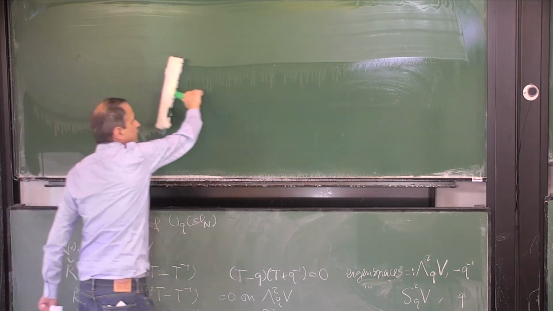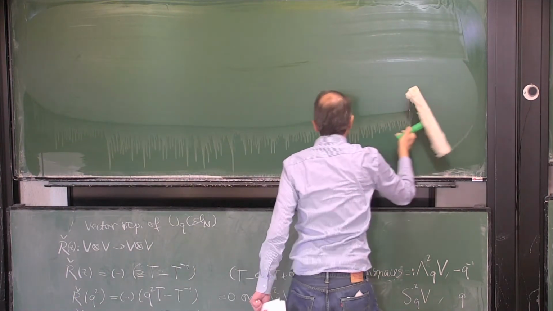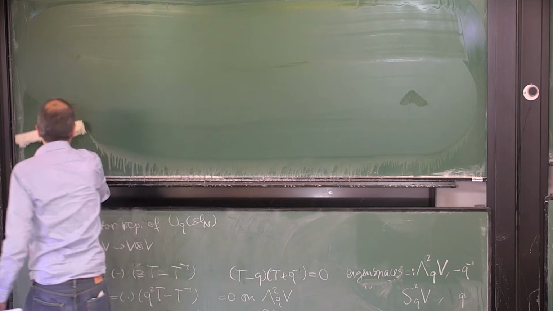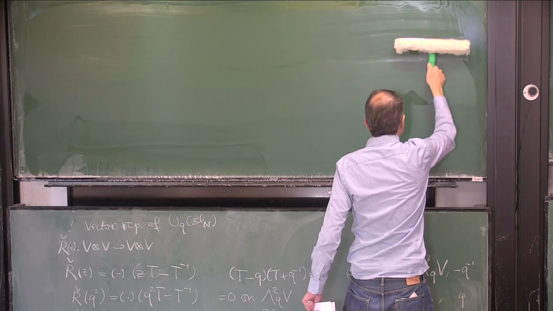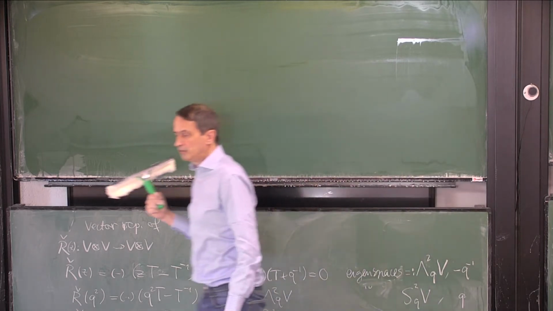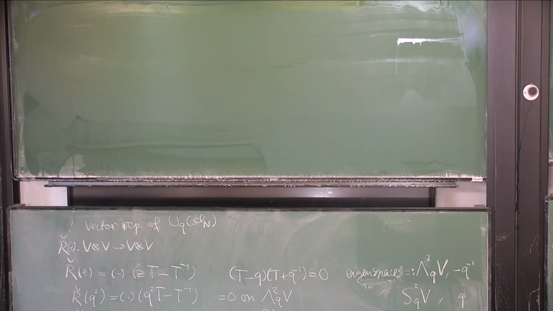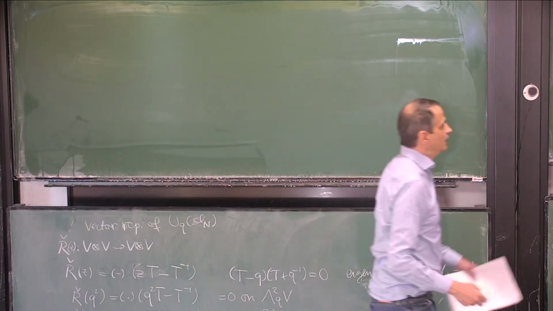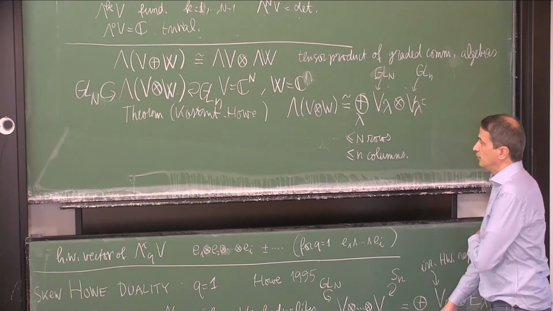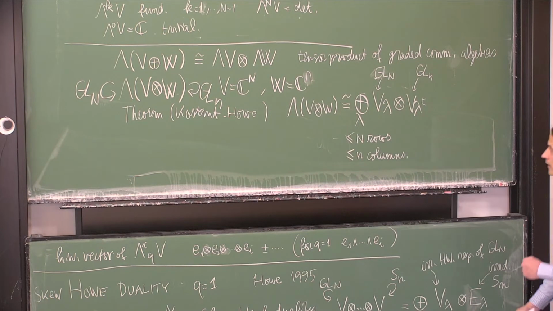So how to decompose a representation of GL_n? Well, you have to find the primitive vectors, the highest weight vectors, right? So vectors of definite degree or weight, which are killed by the positive part of the E_ij with i smaller than j.